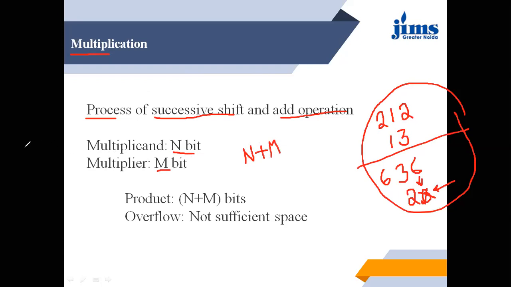Suppose I have a binary number of 2 bits and another binary number of 4 bits, then the maximum number of bits I can get is 2 plus 4, that is 6.